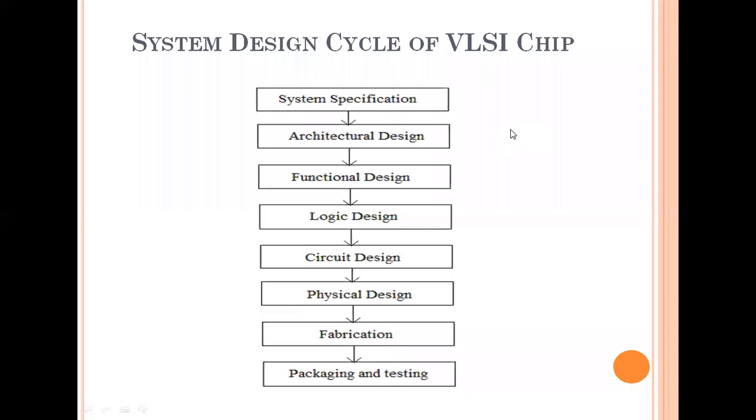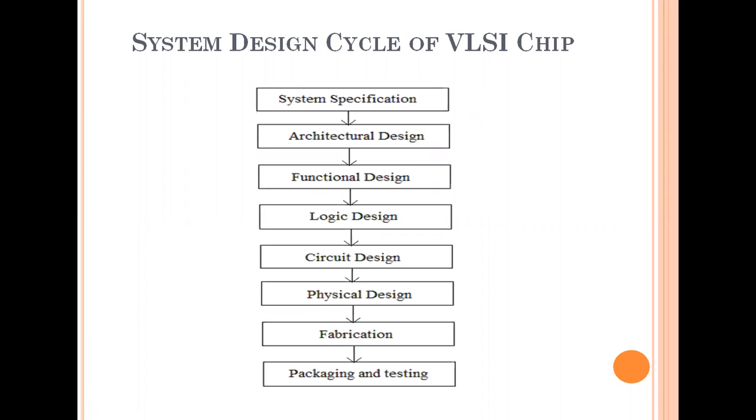Okay, next is the fabrication. After completing all these stages, that is the system specification, architectural design, functional design, logic design, circuit design, and physical design, all of which are related to the design, after every step of the design cycle of the VLSI chip, we have to verify these steps with their verifying tools.